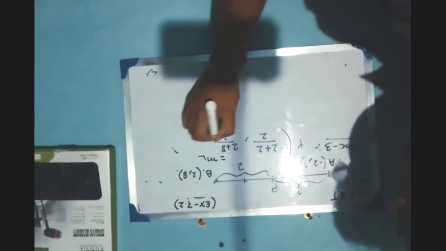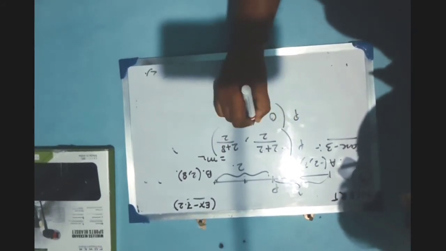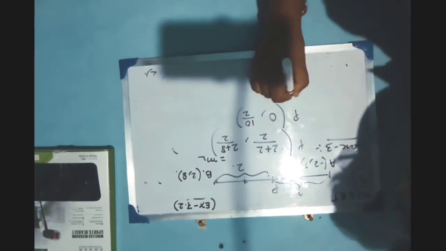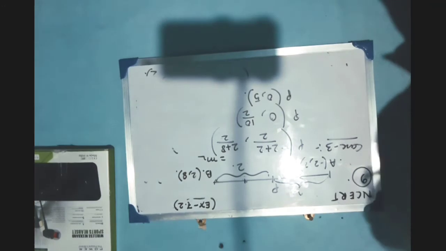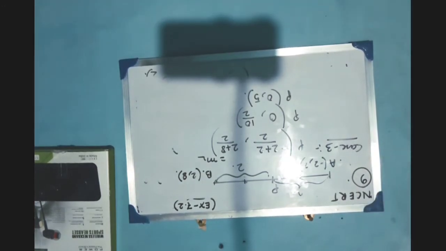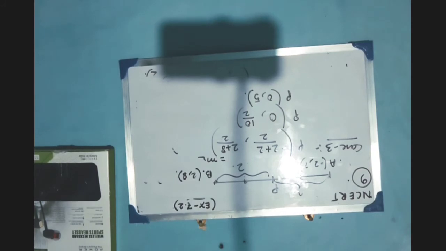This will be 0, and this will be 10 by 2, so P should be 0 comma 5. So these three will be the coordinates of P. Let's come to question number 10, the last question of exercise 7.2.